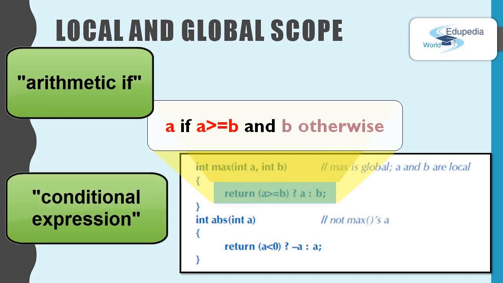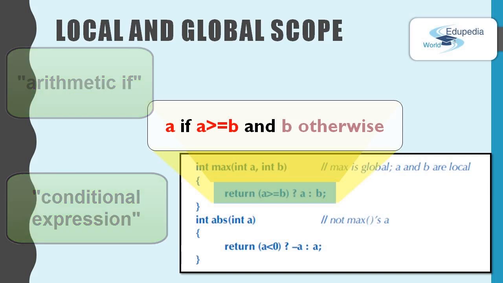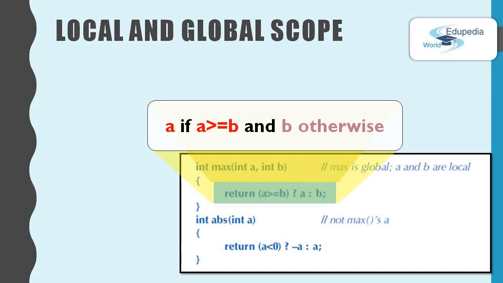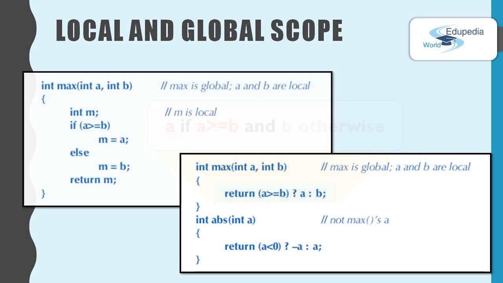The value of a >= b ? a : b is a if a is greater than or equal to b, and b otherwise. A conditional expression saves us from writing long-winded code like this.